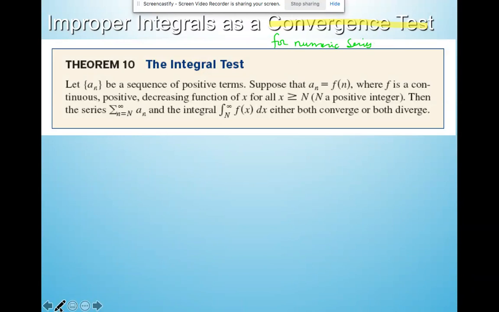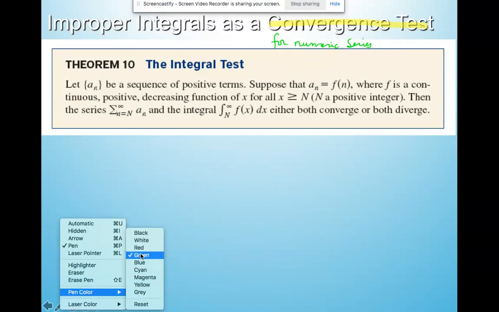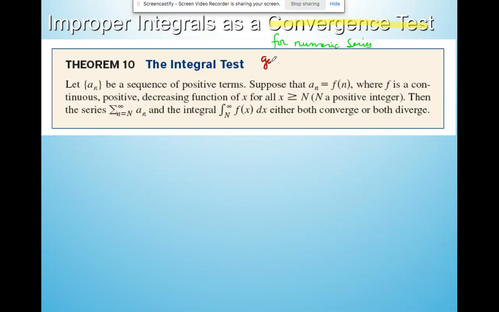The ones that you have already are the geometric series test, the p-series test, the comparison test, the alternating series test, and the ratio test. I'm going to add one more called the integral test.